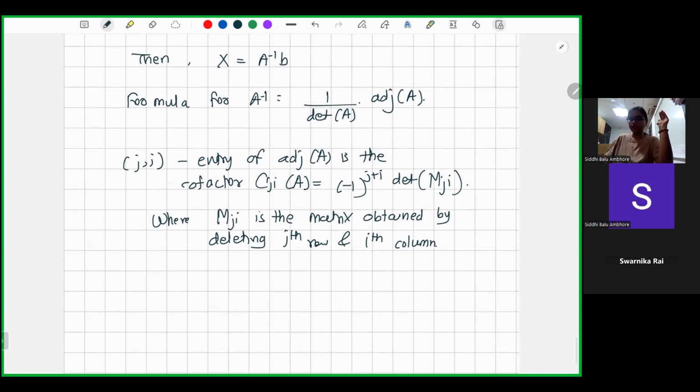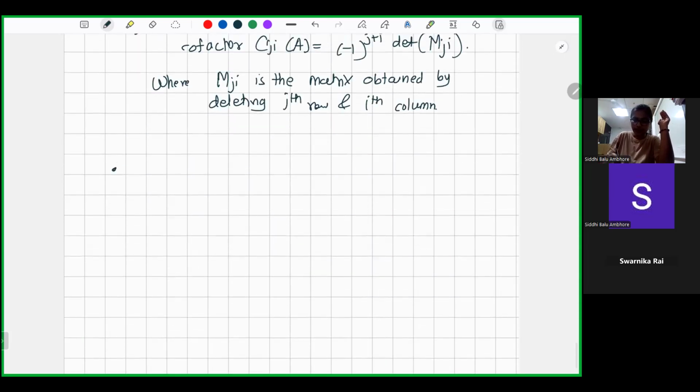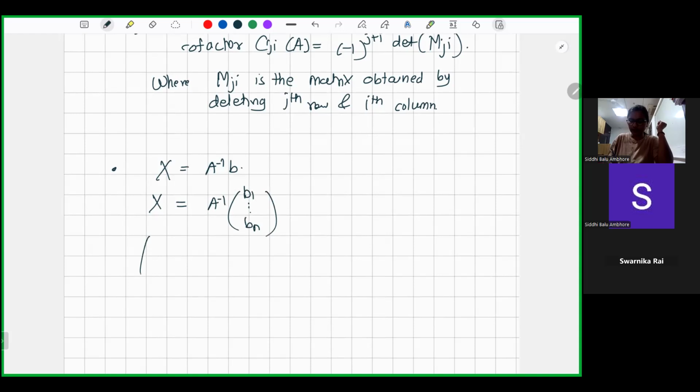So when I have X equal to A inverse B, for each xi it will be A inverse B. If I want to write this, X is A inverse times b1 to bn, and this is x1 to xn.